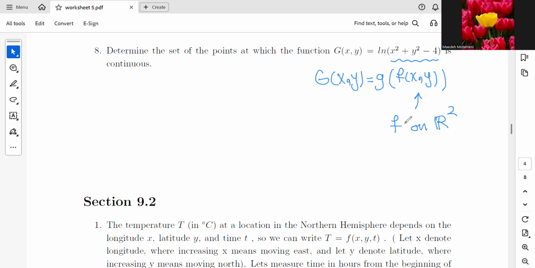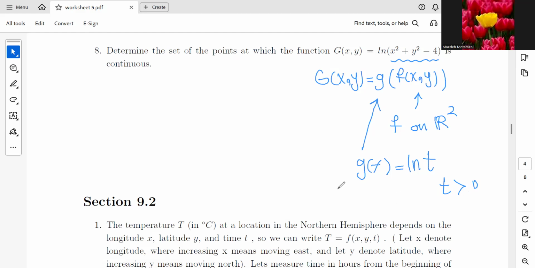When this is defined and the range of f, since it is a polynomial, would be r squared as well, it's going to be about g to be defined. G of x is ln, not x, let's change the variable. Let's say t here, is going to be ln of t. And this function is continuous only when t is positive.